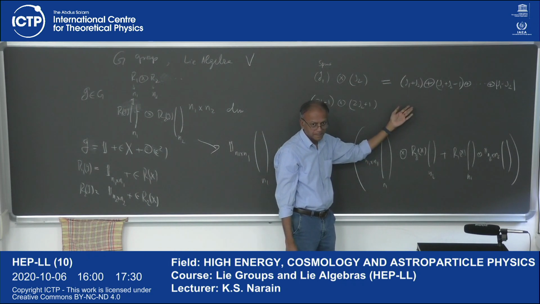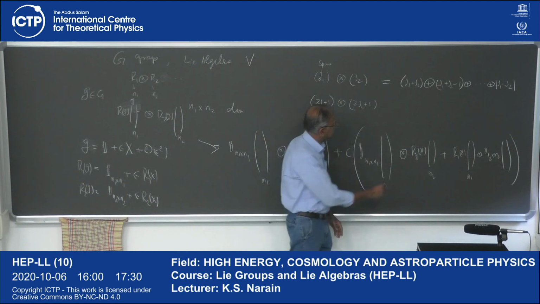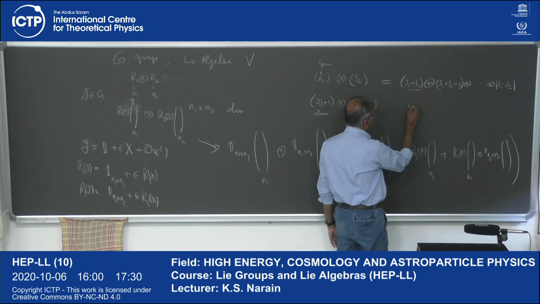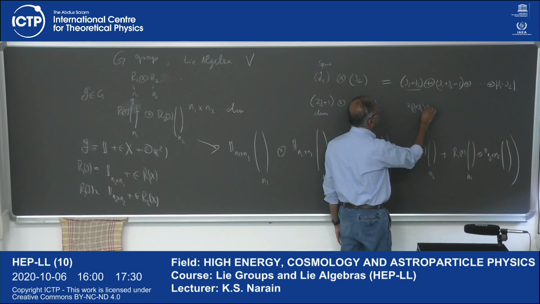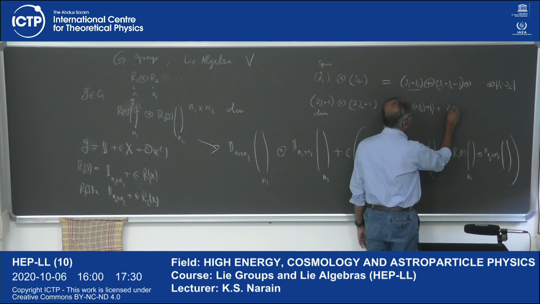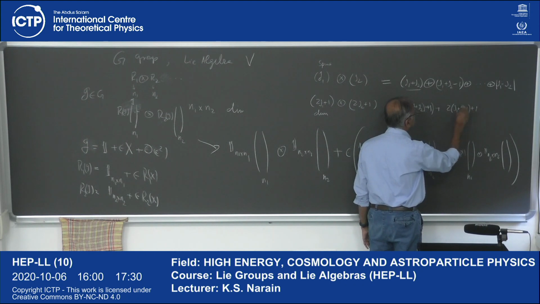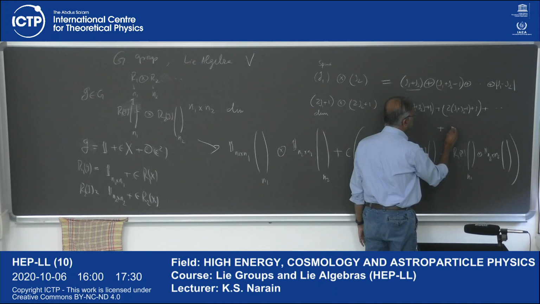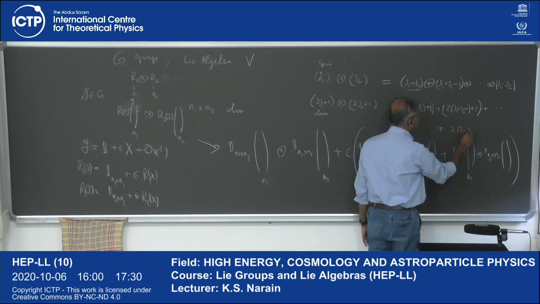So one check is to see that the dimensions of all of these add up. The dimension of this is 2(J1 plus J2) plus 1. The dimension of that is 2(J1 plus J2 minus 1) plus 1, and so on, all the way to the last one, which is 2(J1 minus J2) plus 1.